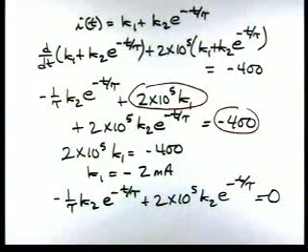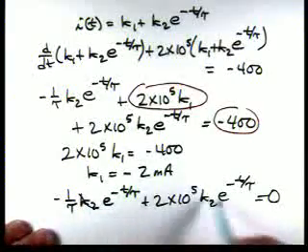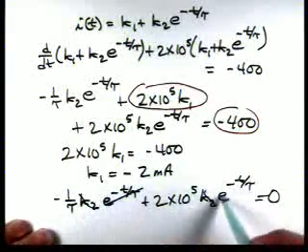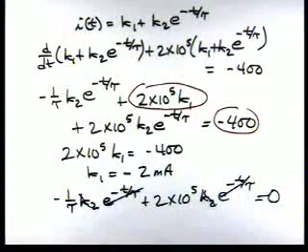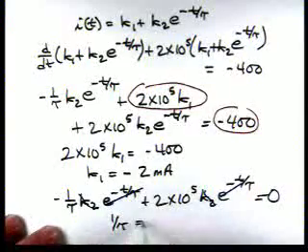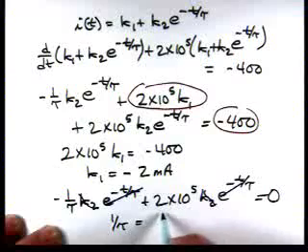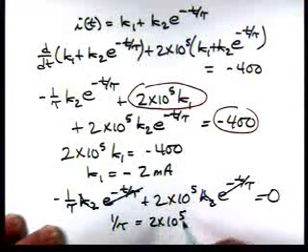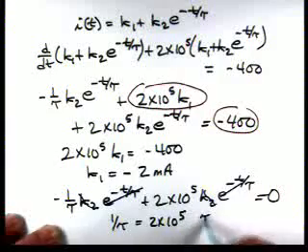The K2 terms cancel out, the e to the minus t terms cancel out, and we get 1 over tau is 2 times 10 to the 5th, and that gives us that tau is equal to 5 microseconds.